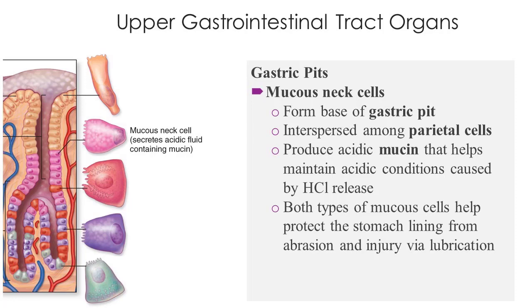And basically what's happening is you've got to keep the glandular area down here more acidic. And the cells on the surface are the ones that can't stand the low pH.